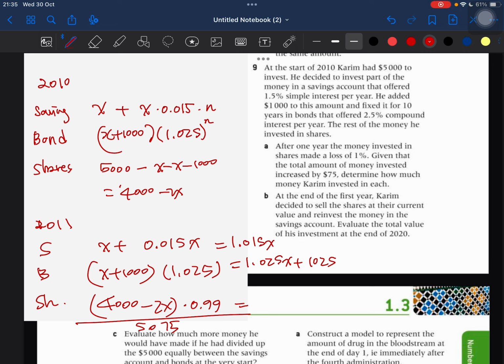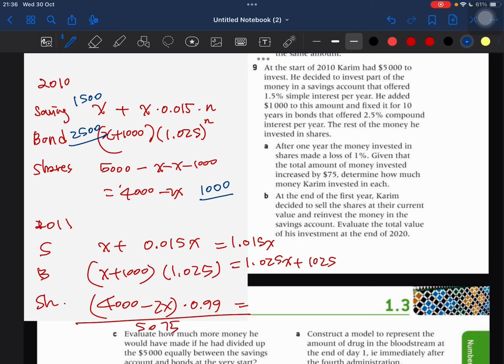So solver, 1.015x plus 1.025x plus 1025 plus 4000 minus 2x times 0.99 becomes 5075. And when I calculate it, it says 1500. So he invested in the saving account 1500, bond 2500 and shares 1000.